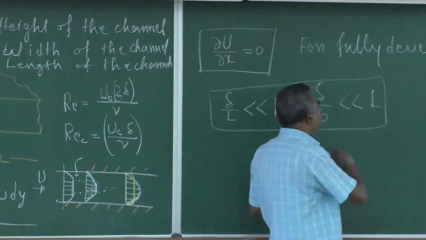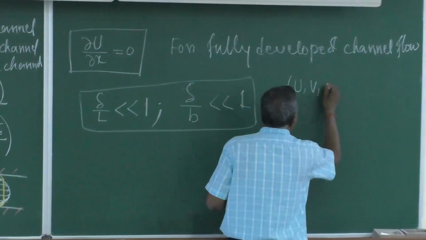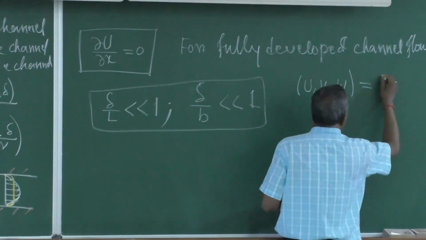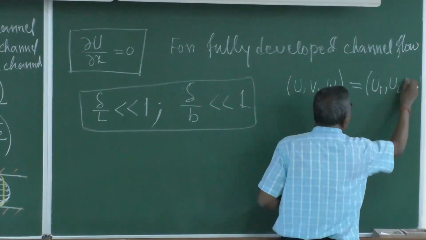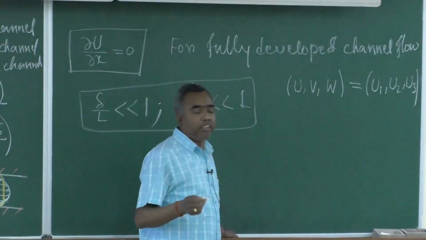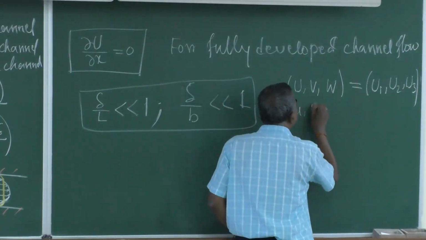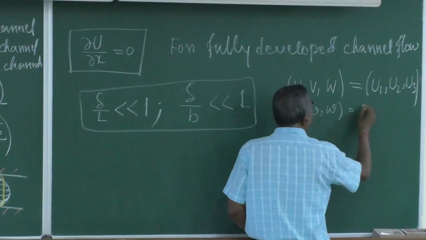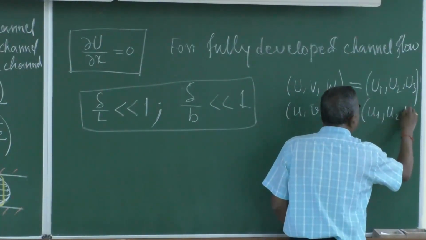Okay. So, we can say the velocity vector is u, v, w, which in terms of index notation is u1, u2, u3, and the corresponding fluctuating quantities we will consider as u, v, w, which in index notation will be something like this.